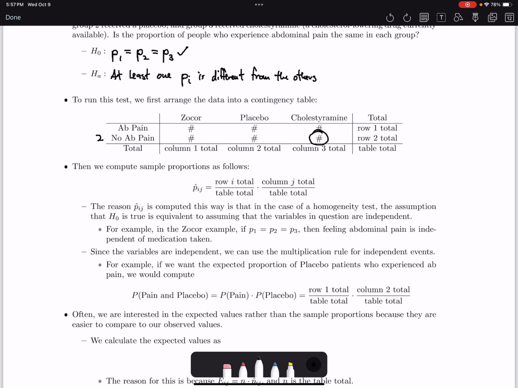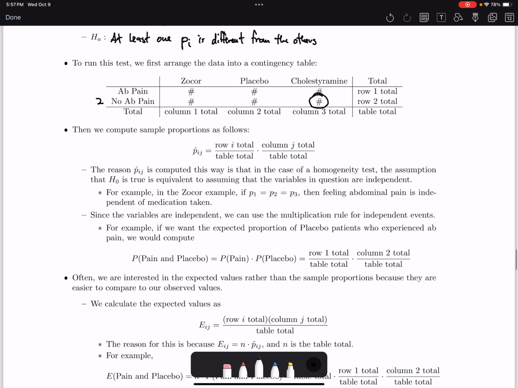But if they're independent, then we can use the multiplication rule for independent events, and we can say, okay, so the proportion of people in the cholestyramine group who do not experience abdominal pain is going to be the proportion of people who do not experience abdominal pain, that's row 2 total divided by table total, times the proportion of people in the cholestyramine group, that's column 3 total divided by the table total. So that's how we get those sample proportions.